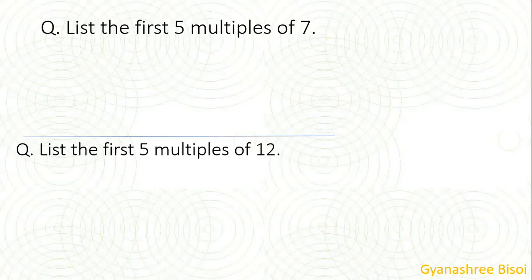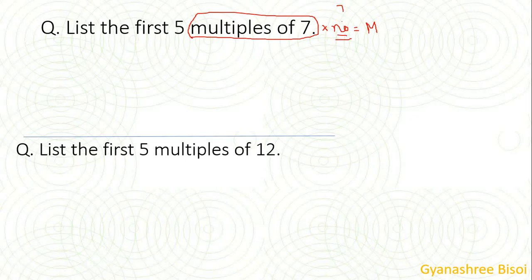Question: list the first 5 multiples of 7. This means 7 multiplied by any number, we get its multiple, right? But 7 multiplied by which number?